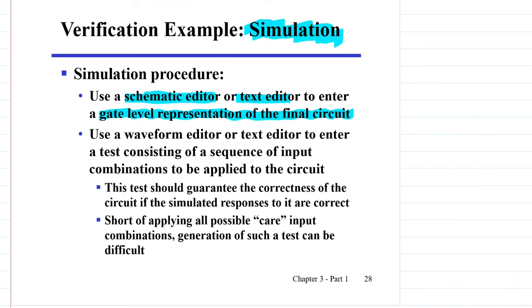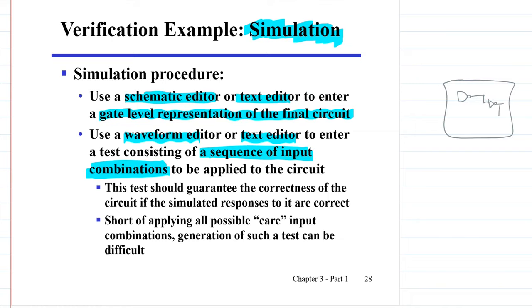Then we need to use a waveform editor or text editor to enter a test consisting of a sequence of input combinations to be applied to the circuit. So basically, first we simulate the circuit itself, whatever we have here, in the environment of the software.